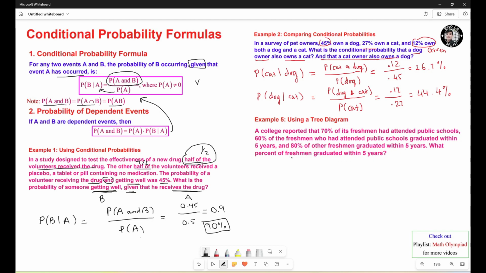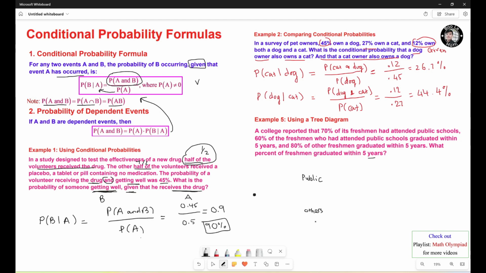What percent of freshmen graduated within 5 years? So we start from here. This is the public school, and this is other.